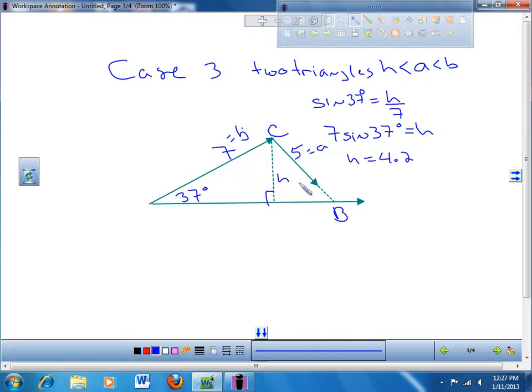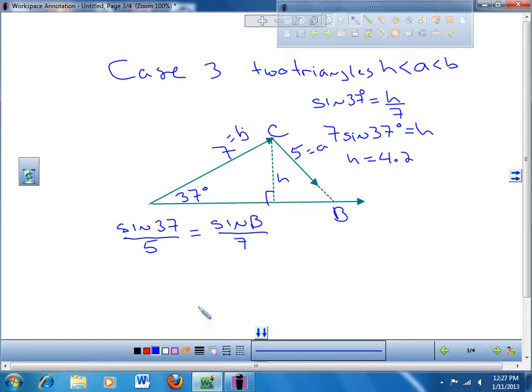So now to find this angle right here, B, because they'll say solve the triangle. They'll say solve both triangles, show which triangles it could be. So I'm going to say sine of 37 is to 5 as sine of B is to 7, right?